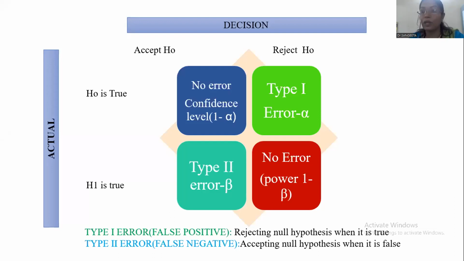That is your confidence. And the contrary to the beta error is the power of the study: the ability to reject the null hypothesis when it is false. So that is the power of the study.